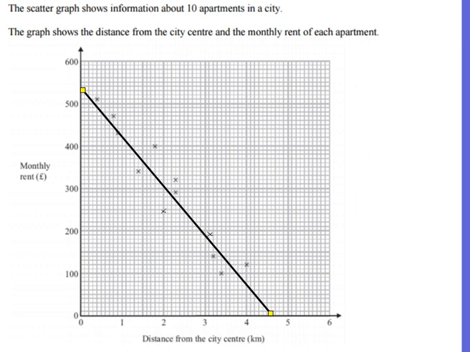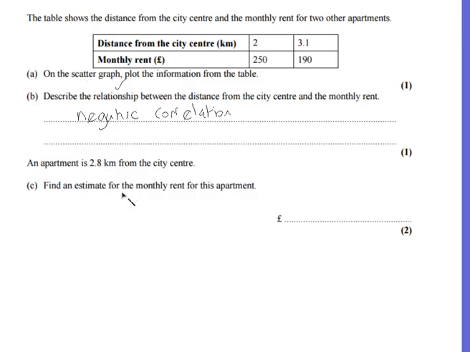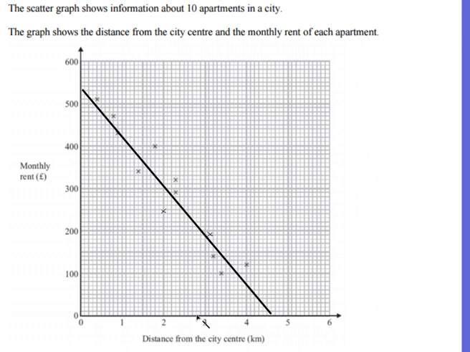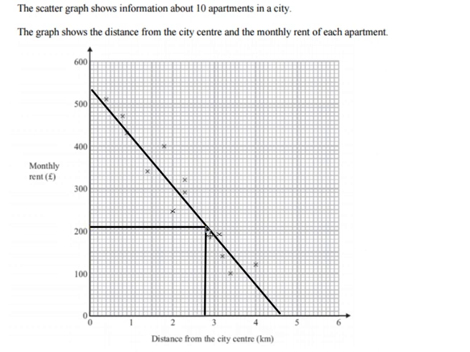All I need to do now is draw a line from 2.8 as my distance. So 2.8 is just there. Go up to the line, and there's my point there. So 2.8 up to my line and read it off, which is 220.